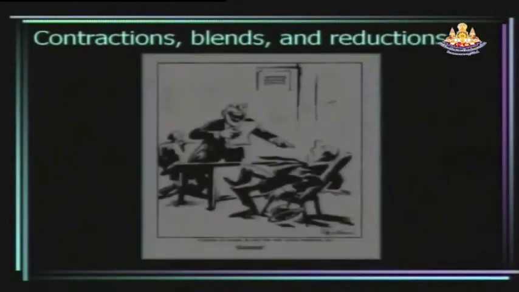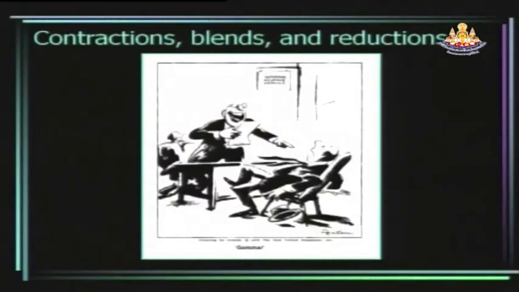Here's a nice cartoon that represents contractions, blends, and reductions. This is the Internal Revenue Service. If you don't know what the Internal Revenue Service is, it's the tax man who makes you pay taxes. This is the federal office that you pay your taxes to.